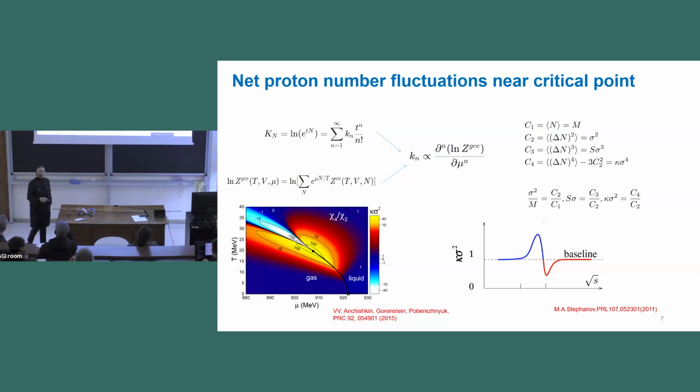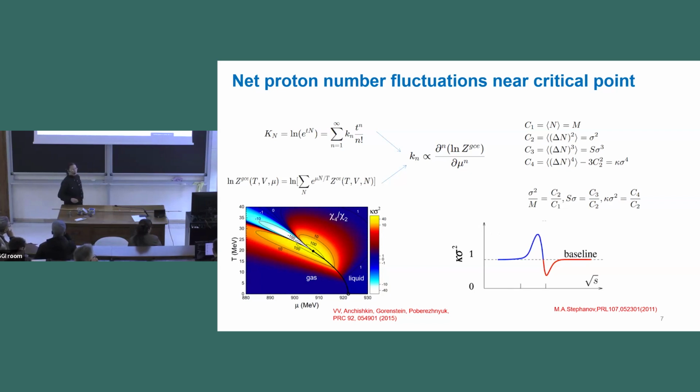Well, this liquid gas may also be related to low energy conditions. So they have some negative proton number fluctuations. Yeah, exactly.